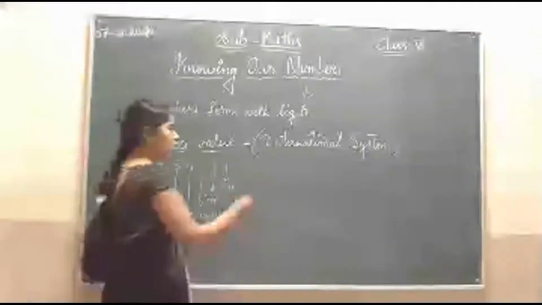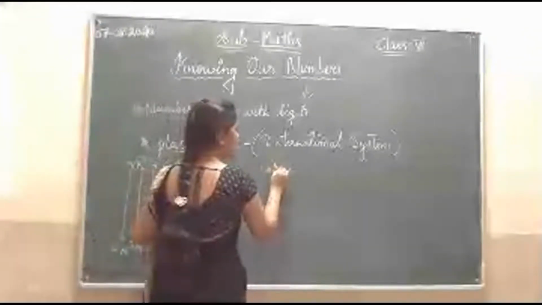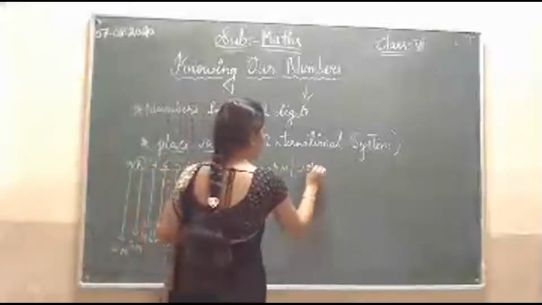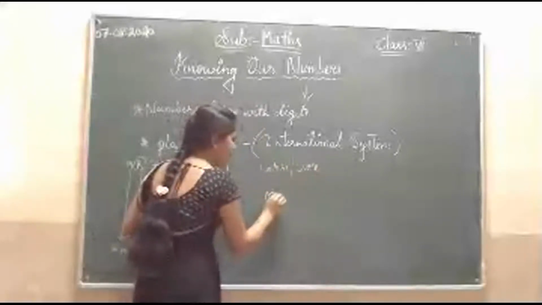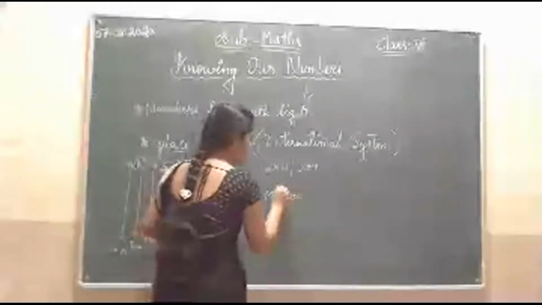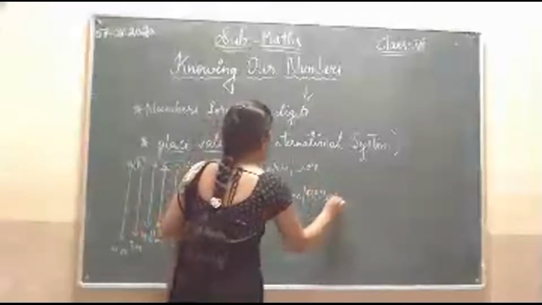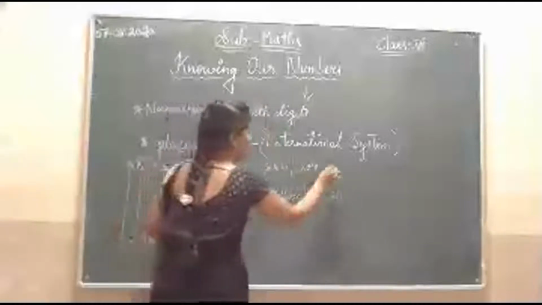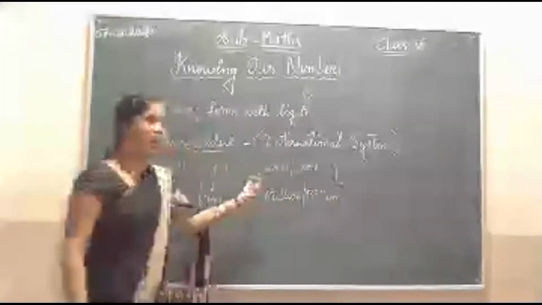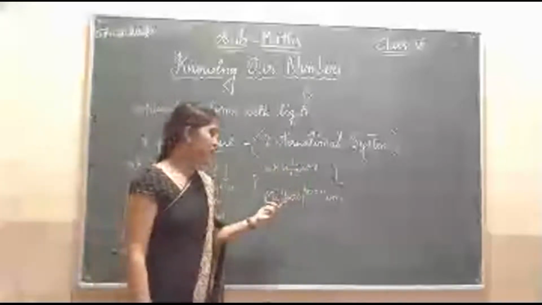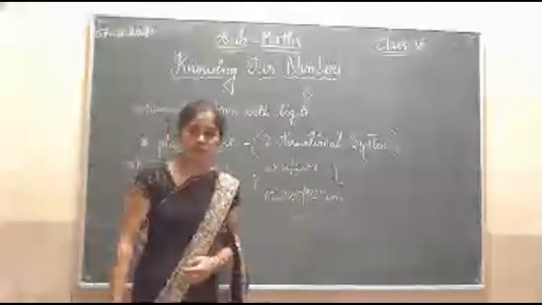You have heard of lakhs, crore, million, billion. You already know these names. Lakhs: 1 lakh, 2 lakh, 3 lakhs; crore: 1 crore, 2 crore, 3 crores; million: 1 million; billion: 1, 2 billion.